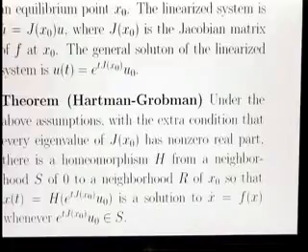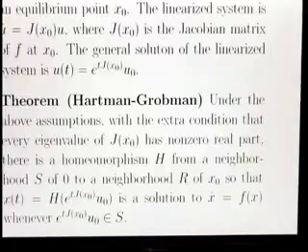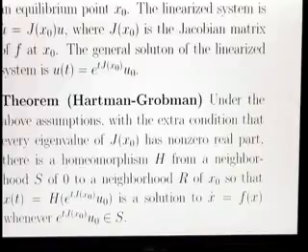Orbits usually are non-parametrized curves, but this is stronger. This is saying that the parametrized orbits, trajectories, get taken by h to parametrized orbits for the nonlinear system in a neighborhood of the equilibrium point.